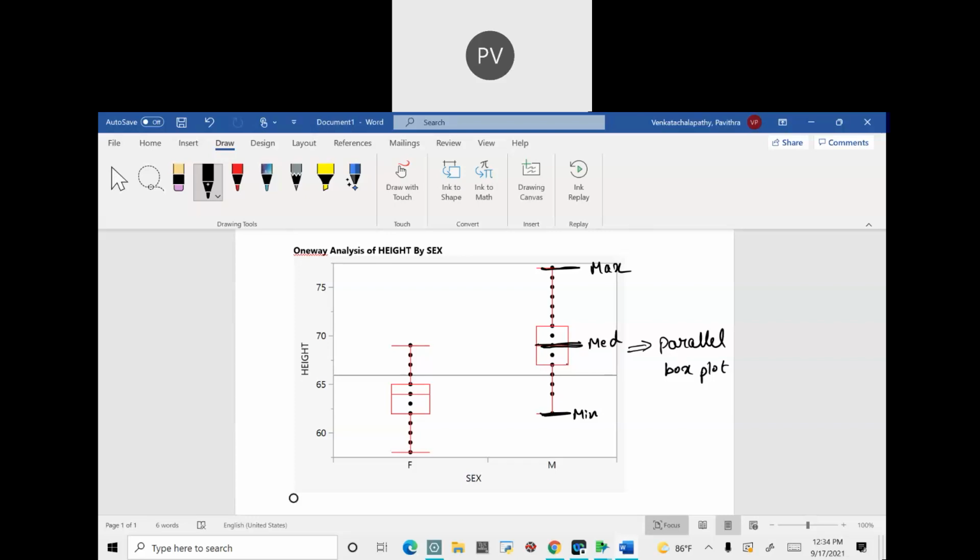Now this is nothing but the first 25%, also called Q1, then the middle value Q2, then Q3, and this is your maximum value. So the percentile will be, if you're going from minimum, this is 25%, this is definitely 50 because it's a middle value, and next what you get is 75%.